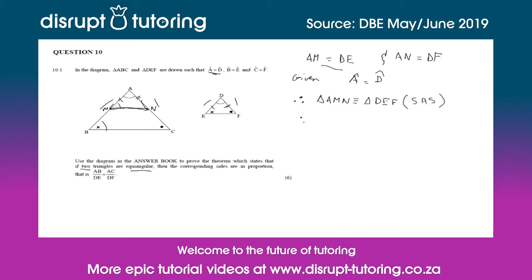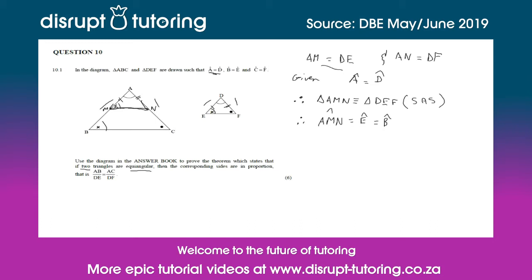So we can conclude that angle AMN is equal to angle E, which is equal to B. It's also equal to this E, because of course this is the same triangle as MAN.